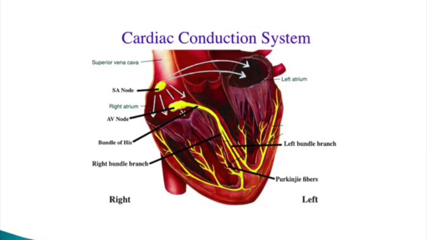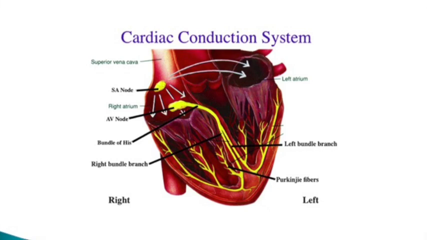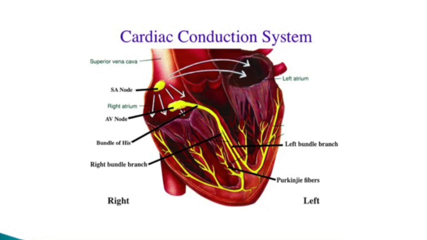In slide 36, it's very important to know a very comprehensive idea about the cardiac conduction system. As I told you before, the pacemaker is the SA node. It is a specialized muscle tissue which is located at the top of the right atrium on the posterior surface, exactly near the opening of the superior vena cava.